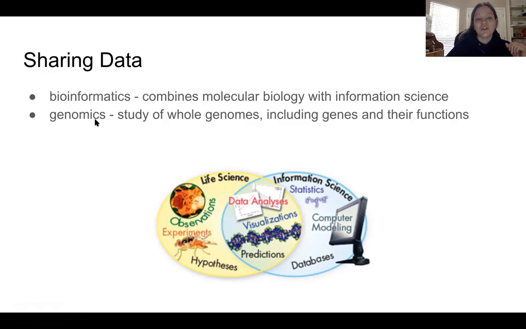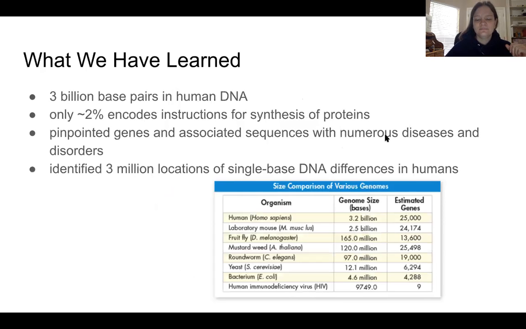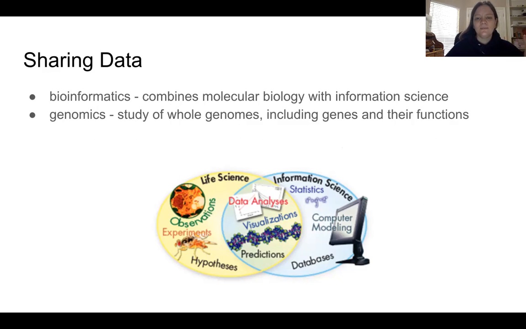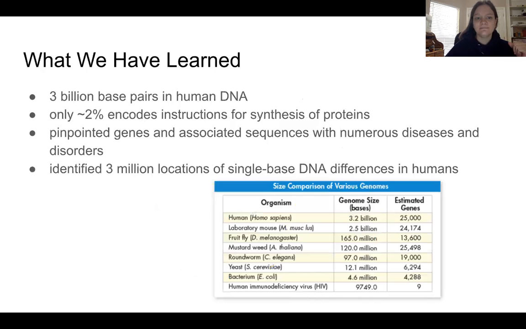And then within genomics, we're studying the whole genome of different organisms, finding all of the genes, where they're located, what they actually do, and also how they could be altered, how polymorphisms, right? How those differences within them can cause some sort of a disorder or other non-functionality, I guess, or a different functionality.